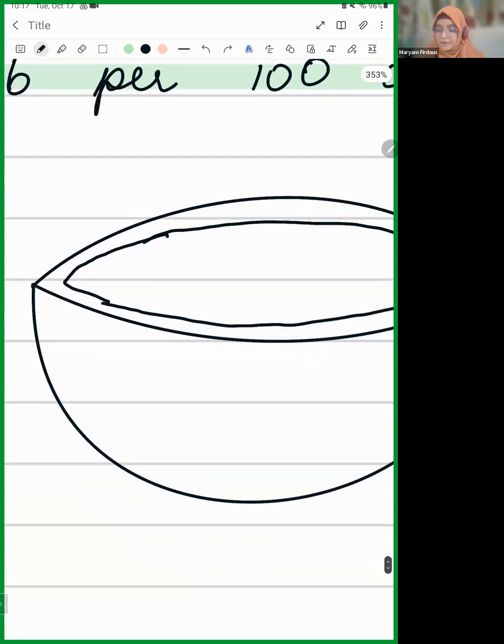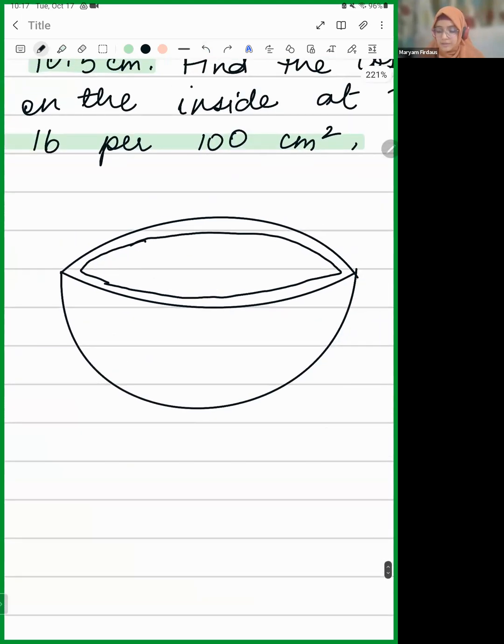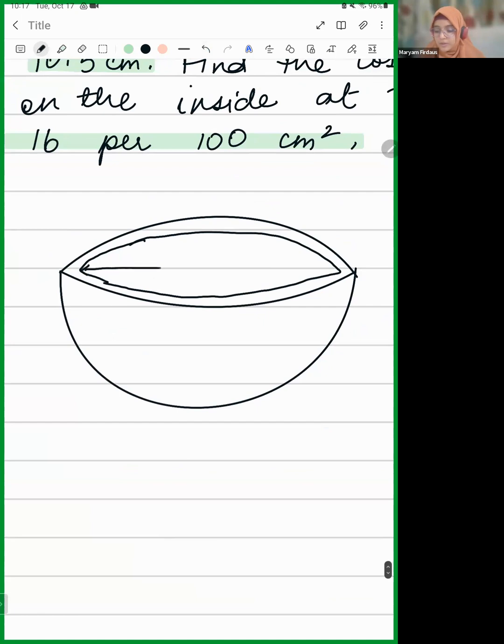So for example, if the inner diameter from here to here is, let's say, 10.5 centimeters, then the thickness will also be something, let's say, 0.1 centimeters or 0.2 centimeters, anything.